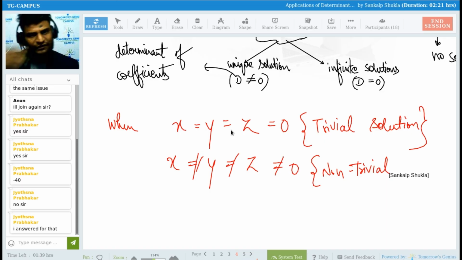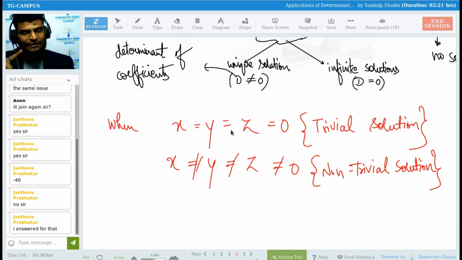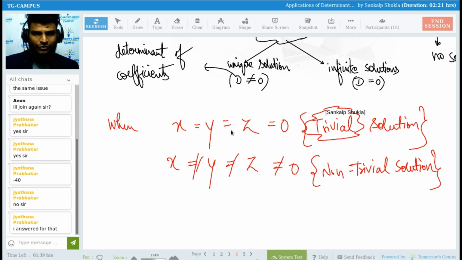For example, we just solved a question before this slide where the answers were not equal to 0, so that was a case of non-trivial solution. Maximum 95% of questions are non-trivial only. Trivial is just a special condition that if x becomes 0 and also equals y and z, that means all three variables are 0, then it is a trivial solution. This keyword is important.